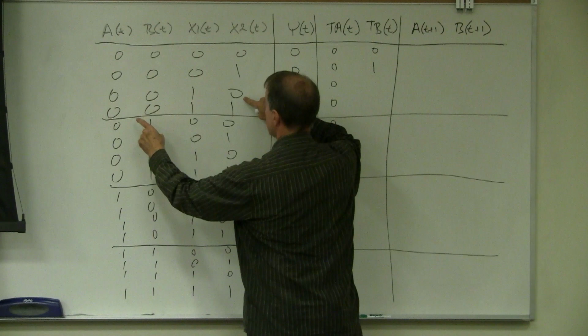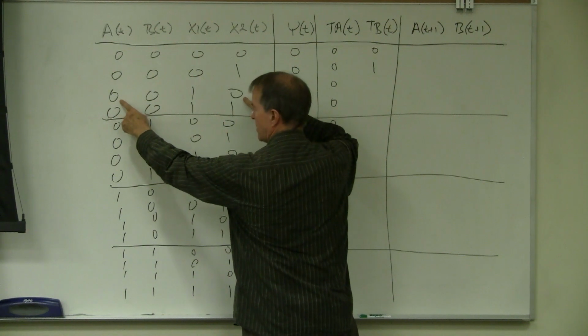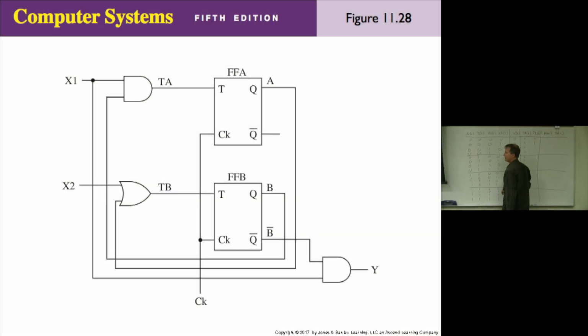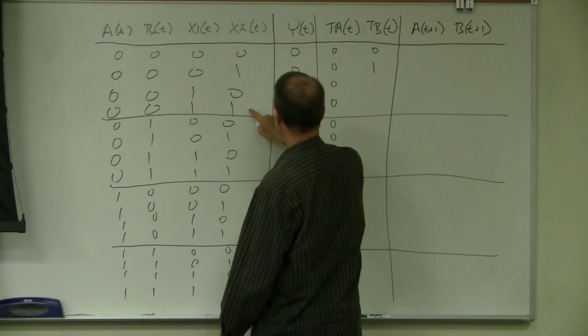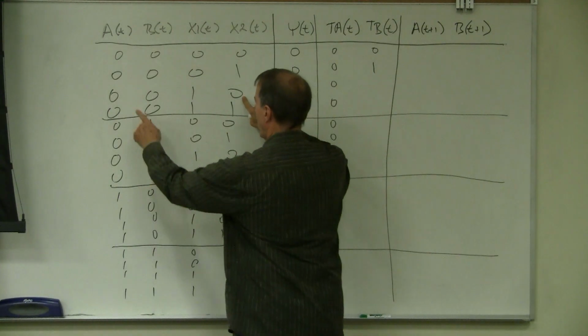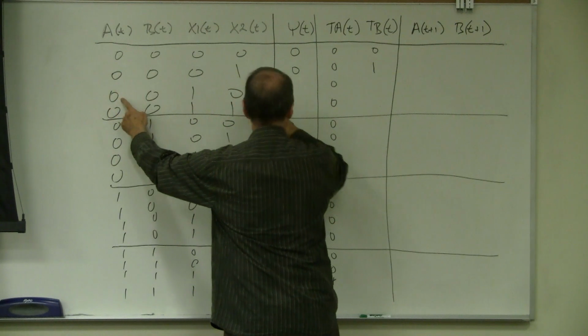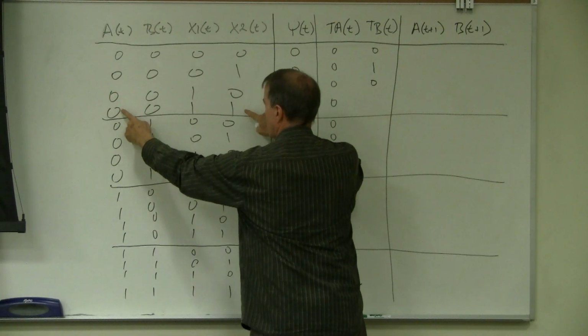Was it this one? I'm just having trouble following. So it's A or X. Yeah, let's go back and recalibrate. TA is X1 and B. Sorry, TB is X2 or A. So it's this column or this column. Are you with me? So this one's 0, and then what? 1.